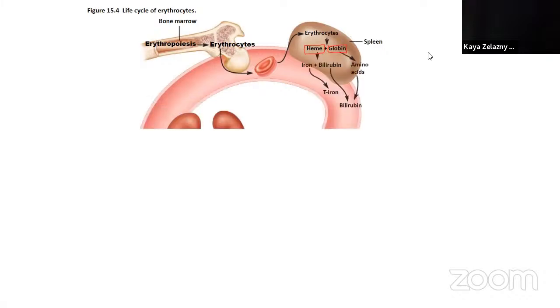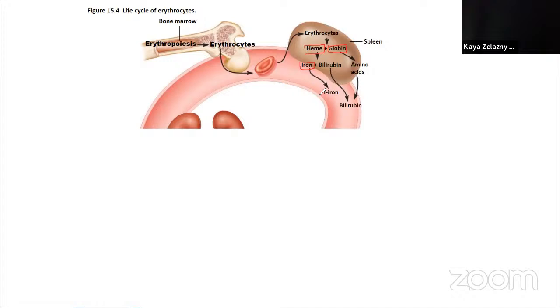Okay. Next, we have a lot of steps here, so we can follow them, track what's happening to the heme versus what's happening to the globin. So these are kind of two separate steps. The heme is getting further broken down to pull out the iron, because that's what we really want from this whole process, is the iron. And then we put that iron into the bloodstream as T iron, because we're transferring it.